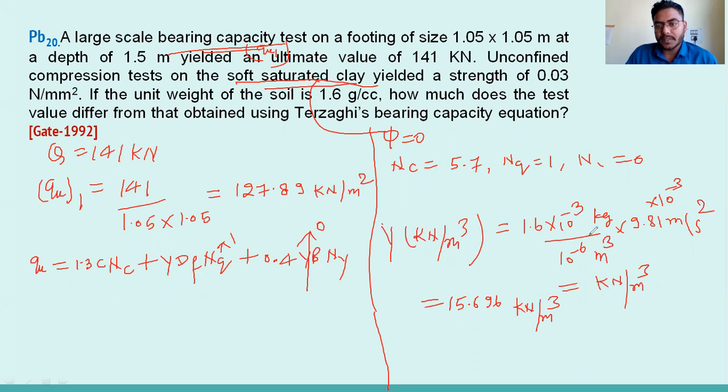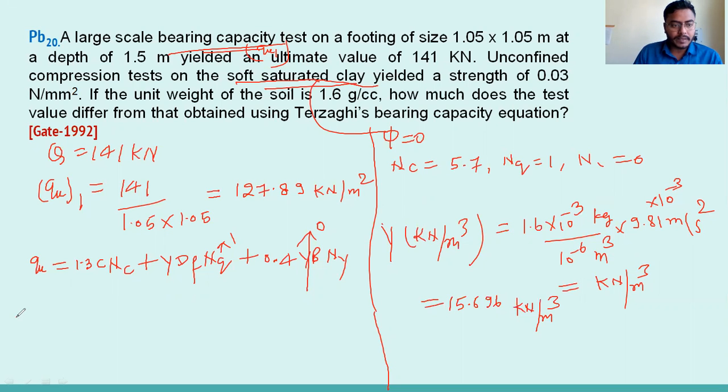I converted gram to kg first, then centimeter cube to meter cube, then multiplied by small g, 9.81. Because the question did not mention 10, it is better to write 9.81. And for kilonewton, we multiplied by 10 to the power minus 3.